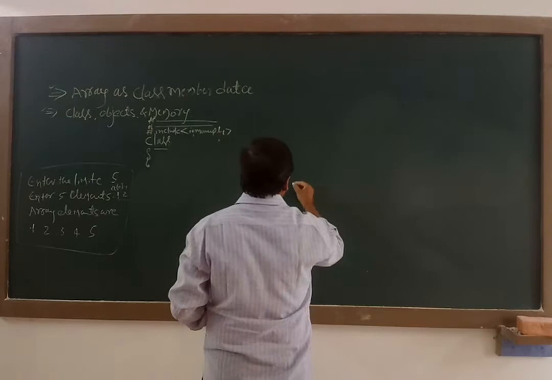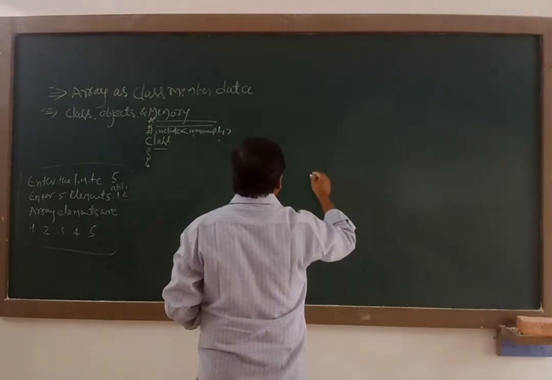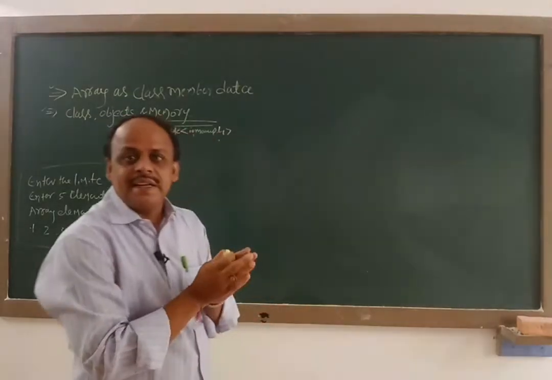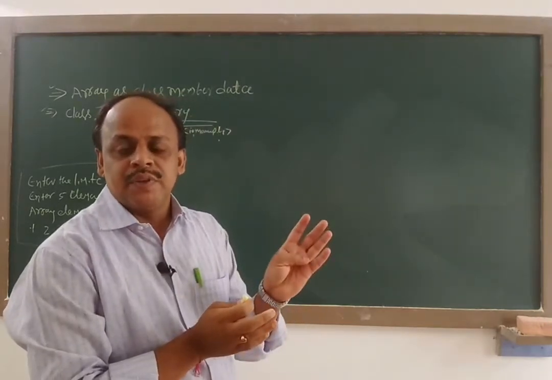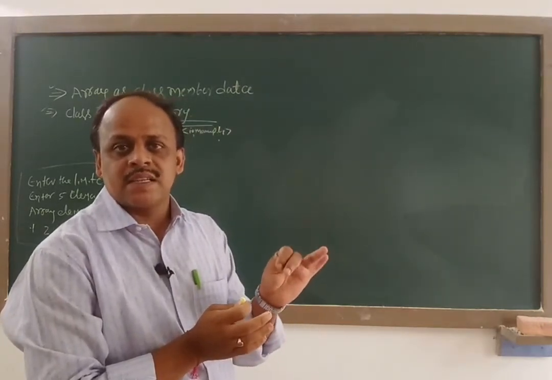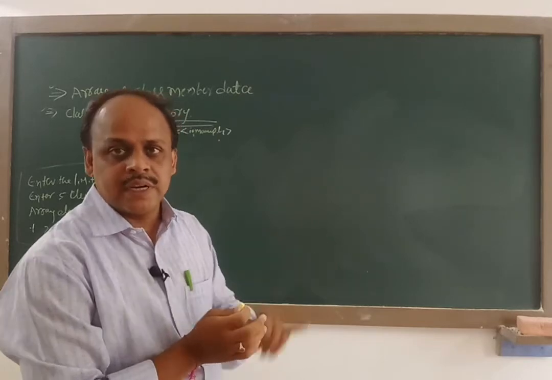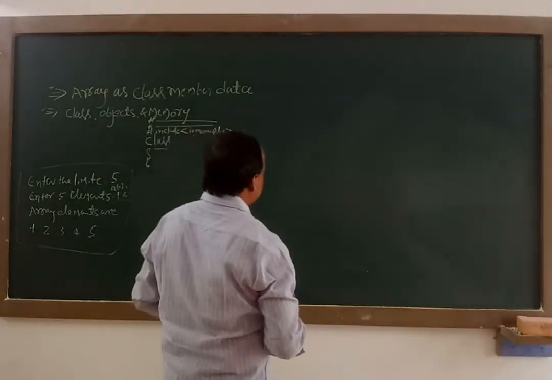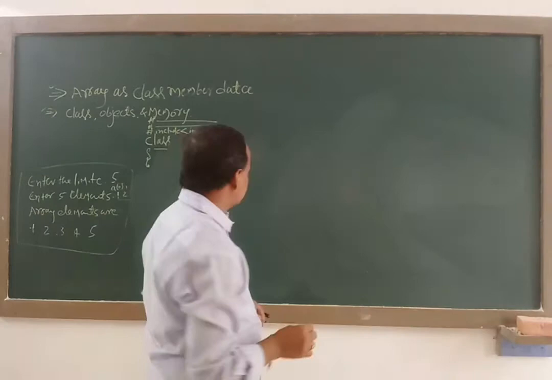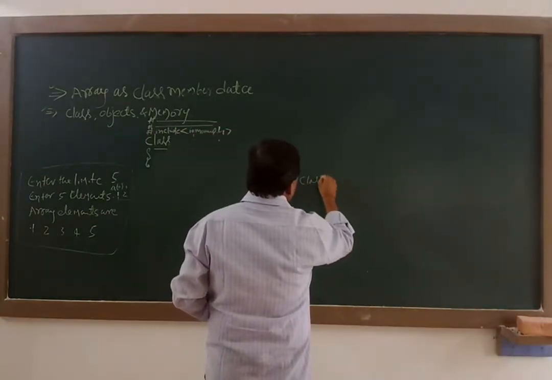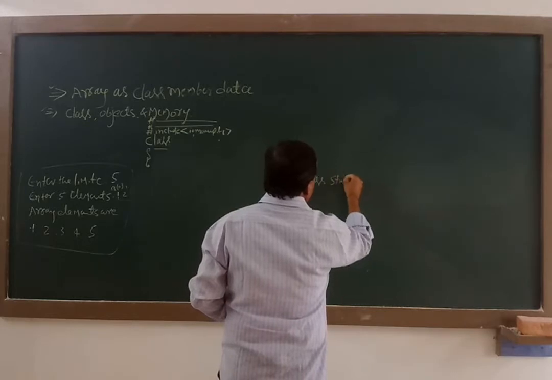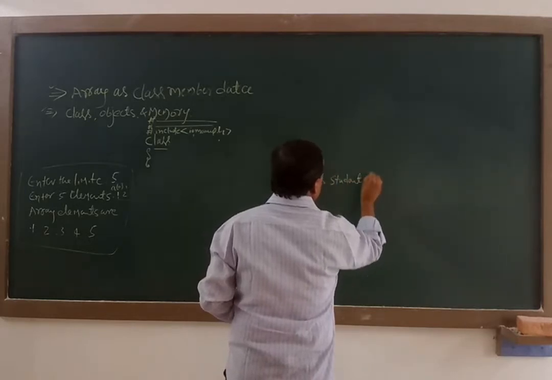Suppose a student class is there with data members: name of the student, address of the student, marks of the student, combination of the student, like this.